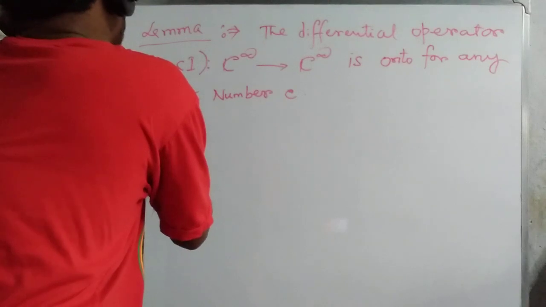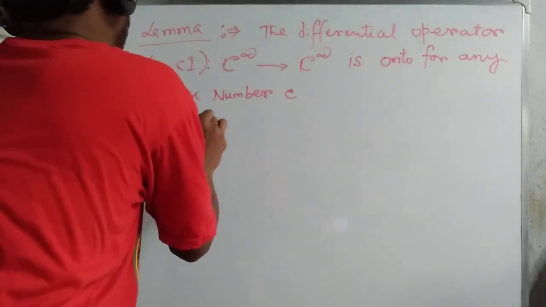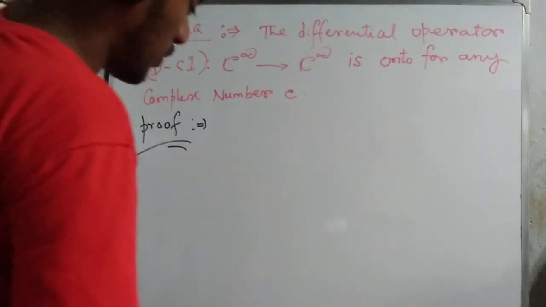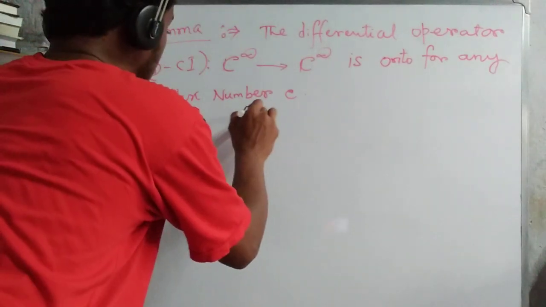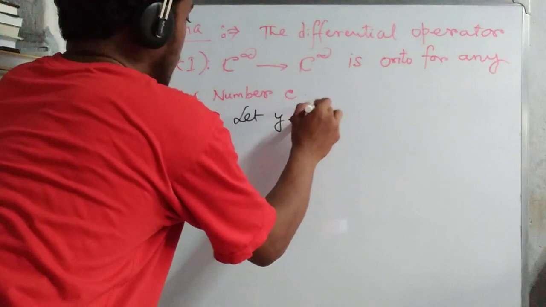This one is too easy. We have to prove that T, the differential operator, is onto. Now let y belong to C infinity.